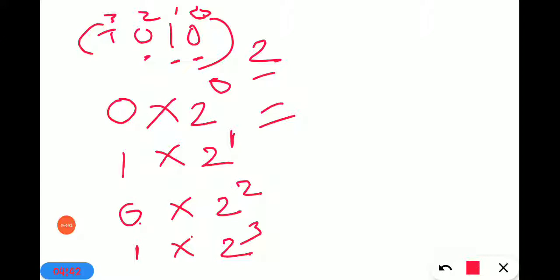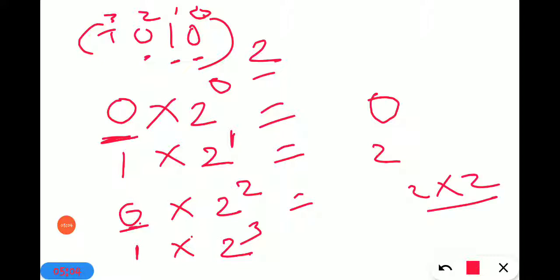If the first number is 0, you directly write 0. No need to count it. Now 2 raised to 1 means 2 counted 1 time, so the answer is 2, and 2 ones are 2. 2 raised to 2 means 2 into 2, 2 2s are 4, right?